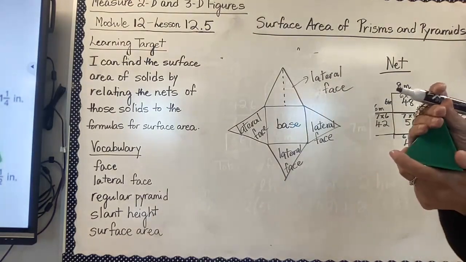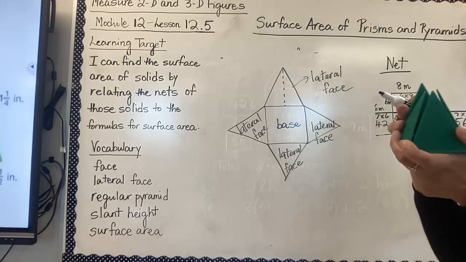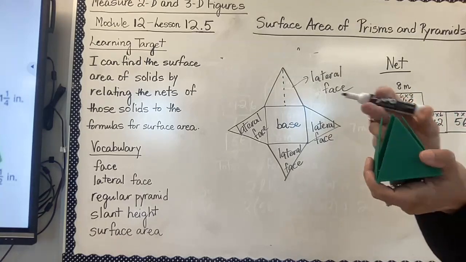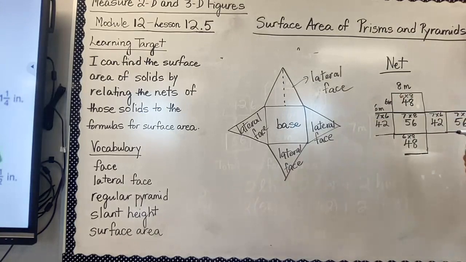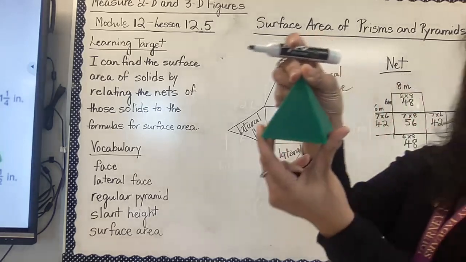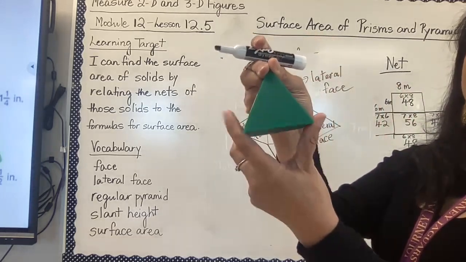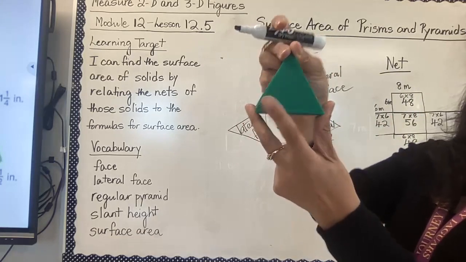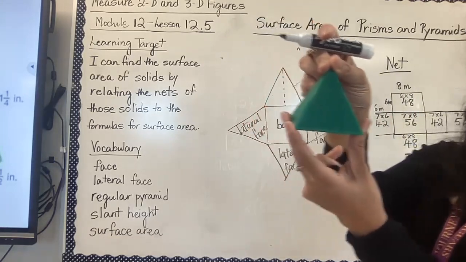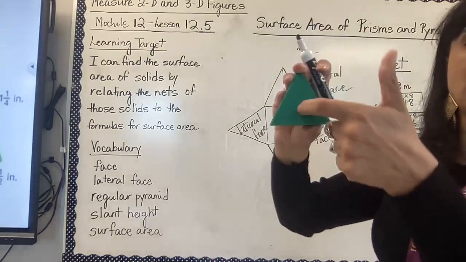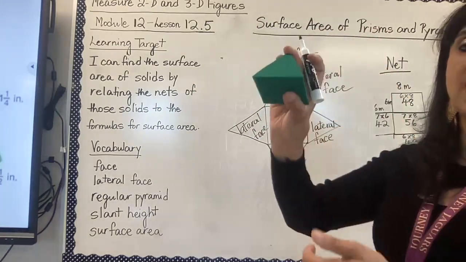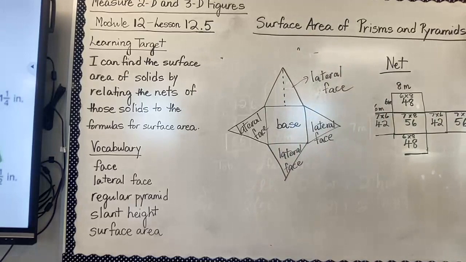The lateral faces, the faces that are not the base of a regular pyramid, are congruent isosceles triangles that meet at the vertex. So these are all lateral faces, and this is the base, and on the top they are meeting at the vertex. The height of each lateral face is called the slant height.